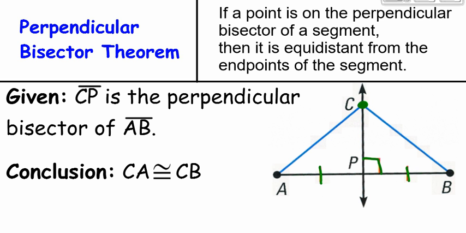My theorem says that if I have a point that is on the perpendicular bisector, which is this point C right here, then the distance from C to A has to be the same as the distance from C to B. So these two segments are also congruent. Okay? So that is the perpendicular bisector theorem.